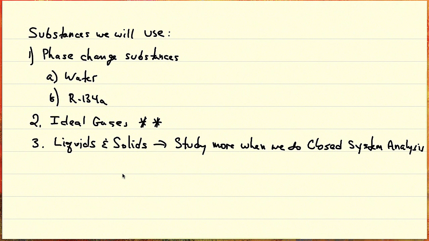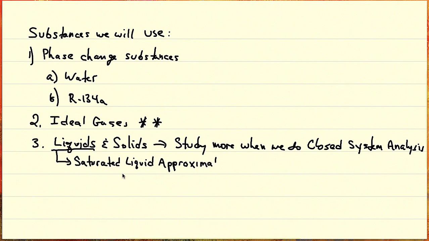The one exception to the study of the liquids is when we make the saturated liquid approximation. Sometimes we'll have a substance which is a liquid, but during the process it doesn't stay a liquid, and we don't have an entry for its state in the compressed liquid table, table A7 basically.